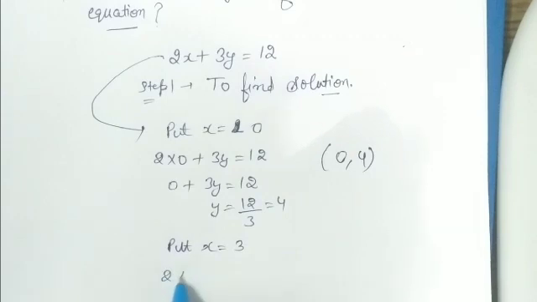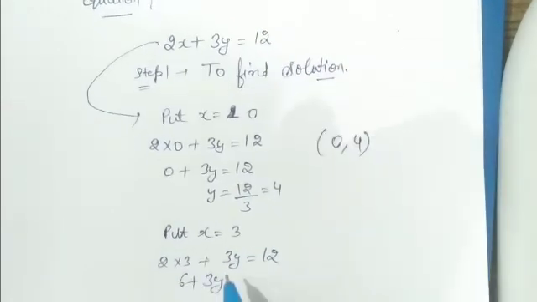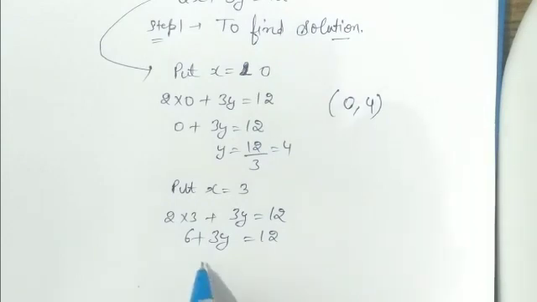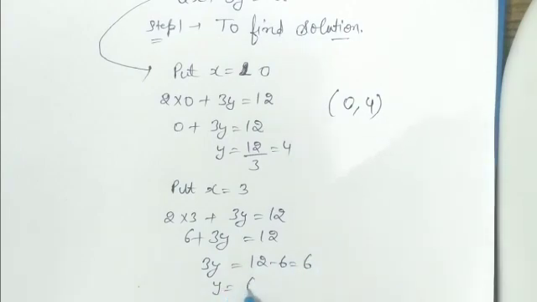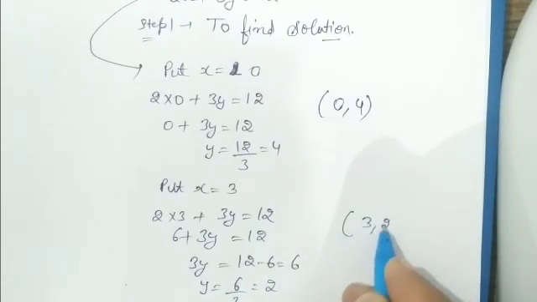So when I put x is equal to 3, this will be 6 plus 3y is equal to 12. After this, 6 will be subtracted, it will be 12 minus 6, that is 6, and y will be 6 by 3, that is 2. These things we have done already. So our solution will be (3, 2).